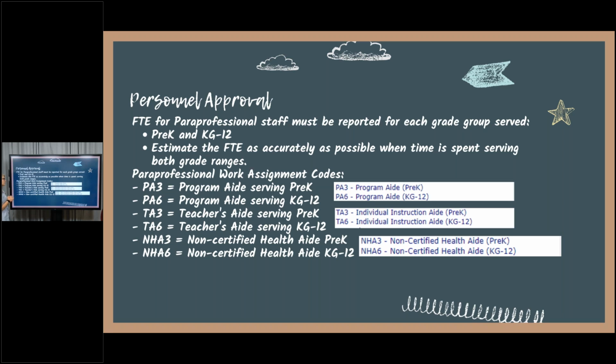So if for some reason you have a program aide that works in the morning with a kindergartner and in the afternoon with a pre-K student, we would just need to show 2 entries for the work assignment, and the FTE would be 0.5 for each to show the time spent with the different age groups.